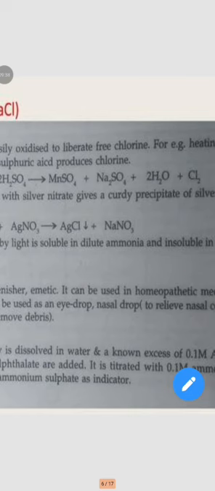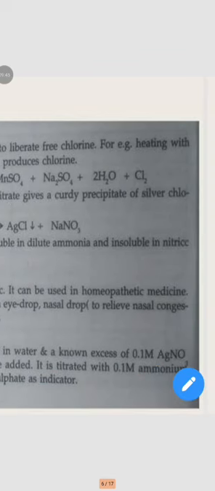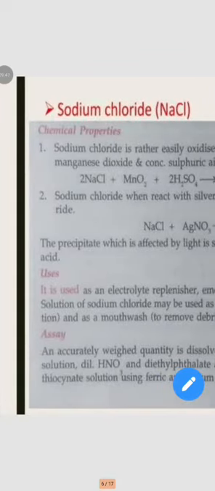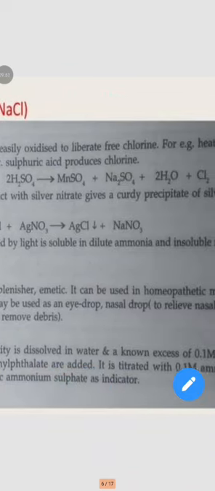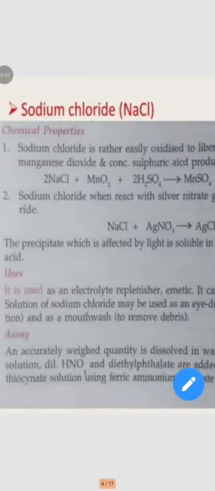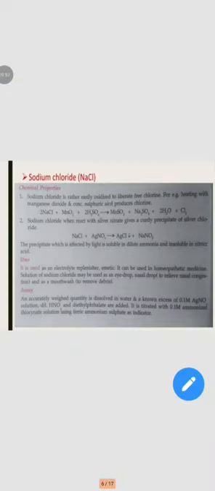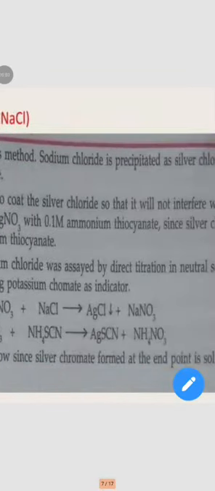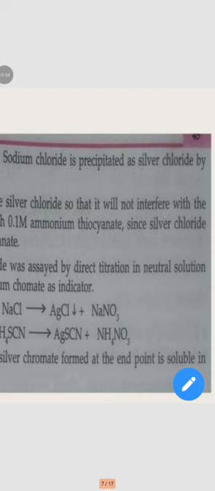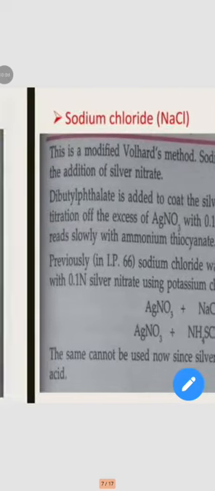So the sodium chloride sample is taken, and an excess of silver nitrate, dilute HNO3 and diethyl phthalate are added. Then it is titrated with 0.1 molar ammonium thiocyanate solution, and the indicator is added. The sodium chloride is reacted with silver nitrate to produce silver chloride.